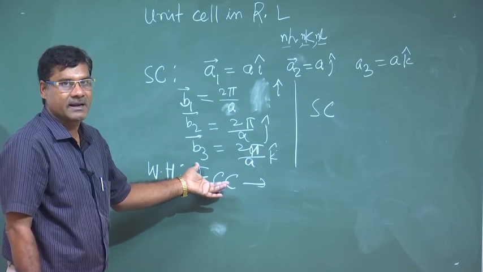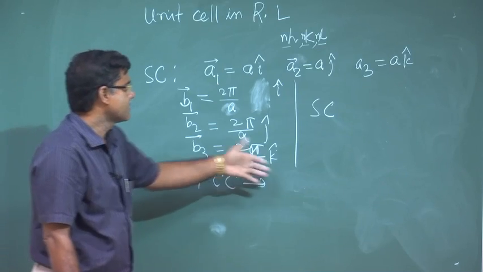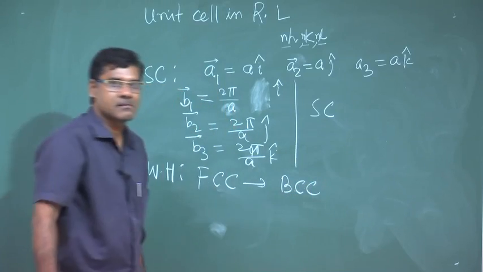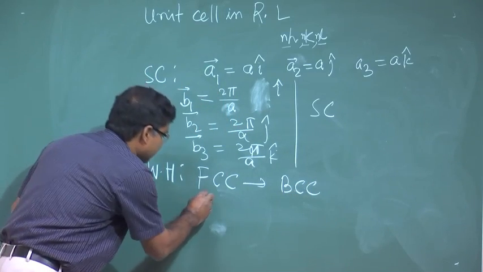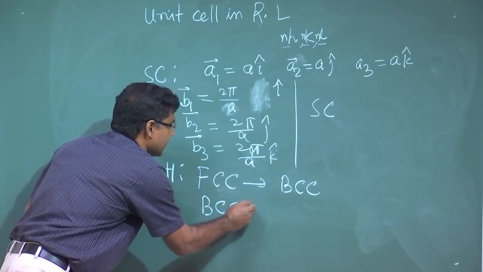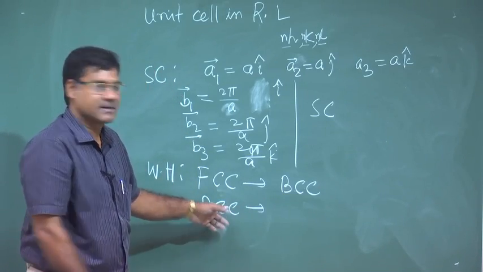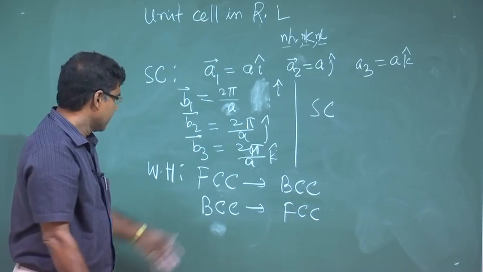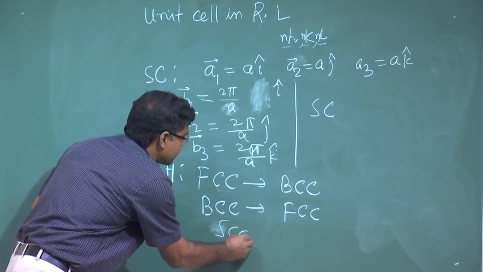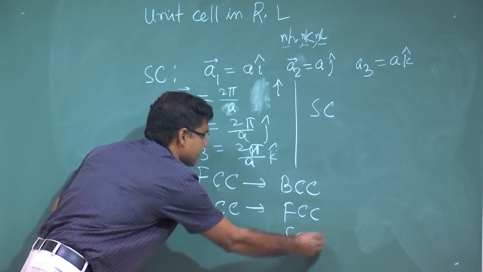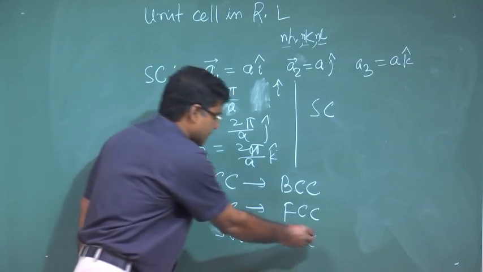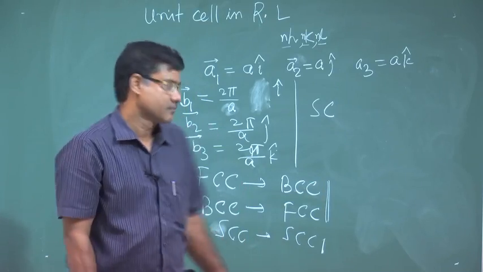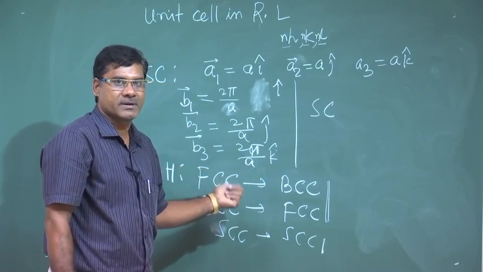FCC in direct lattice is BCC in reciprocal lattice, and BCC in direct lattice is FCC in reciprocal lattice, and simple cubic as I showed here. This you can take as homework and do it.